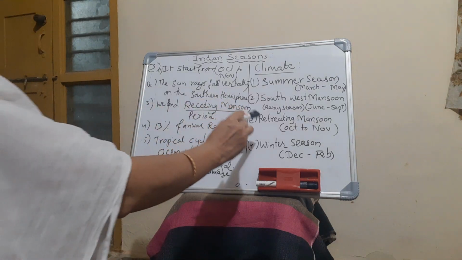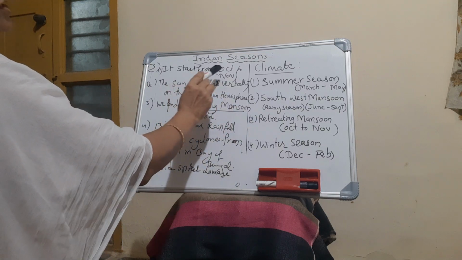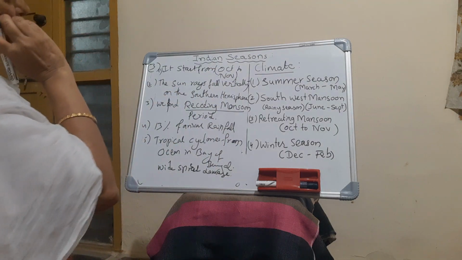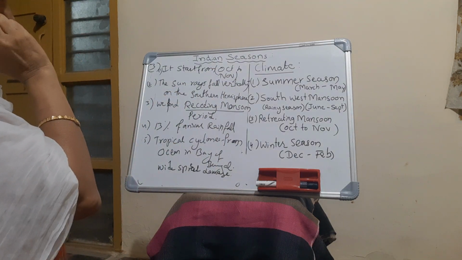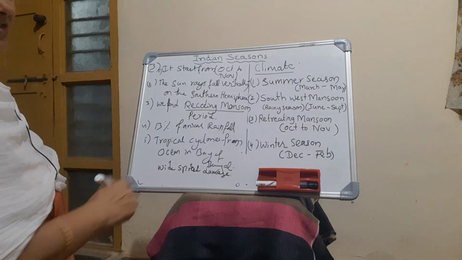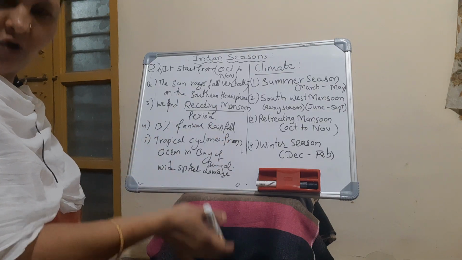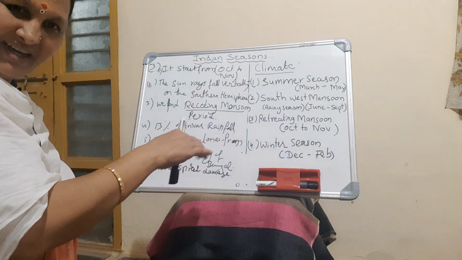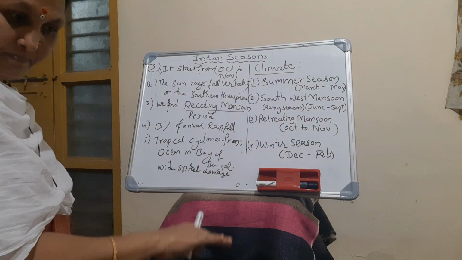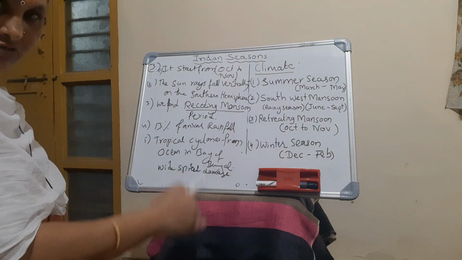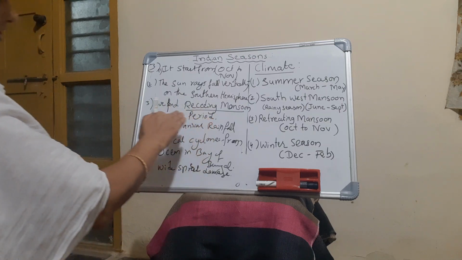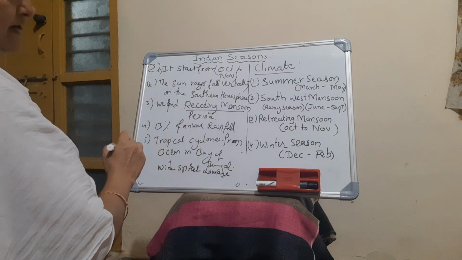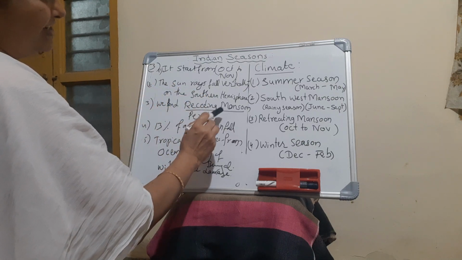So here, the retreating monsoon season starts from October and ends in November. Then sun rays fall vertically on the southern hemisphere. South means the last part where Kanyakumari is. From Karnataka to the tip is the southern part. So sun rays are vertical in the southern hemisphere. Then we find the receding monsoon.